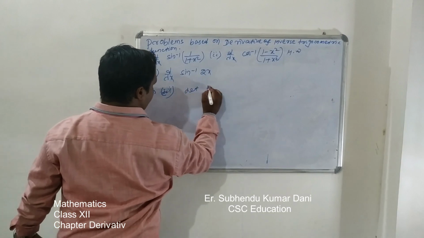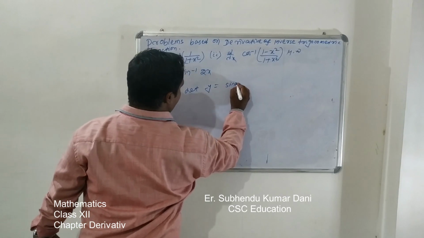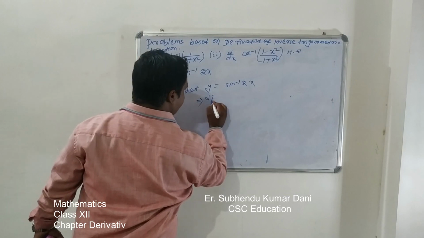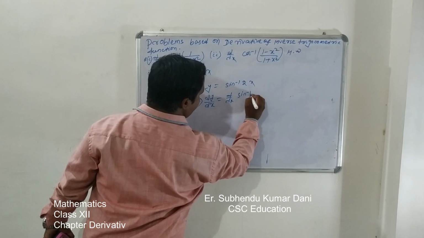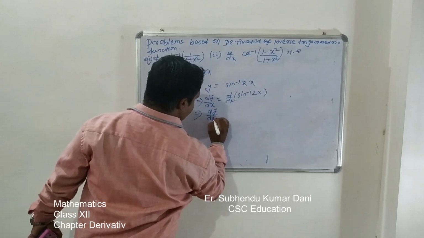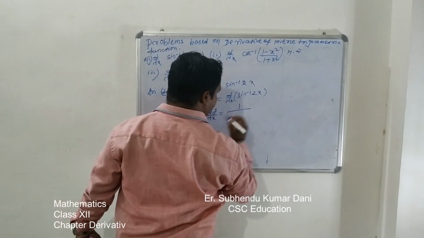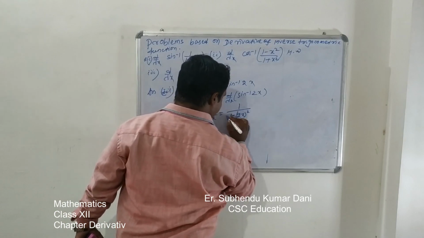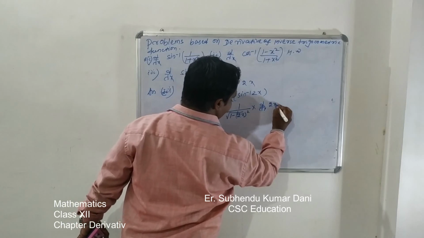Let y equal to sine inverse of 2x. So the derivative of y, dy by dx, equals dy by dx of sine inverse of 2x. You know that the value is 1 by root over 1 minus x, where x is 2x, 1 minus 2x whole square, again the derivative d by dx of 2x.